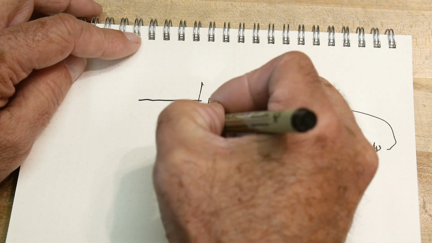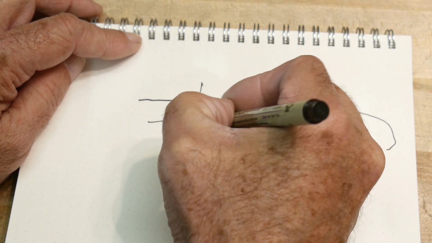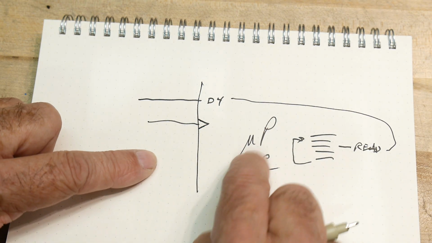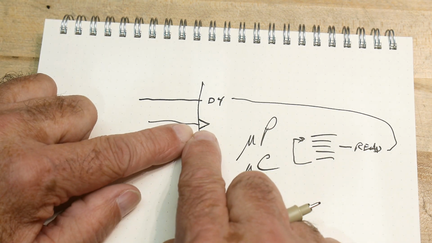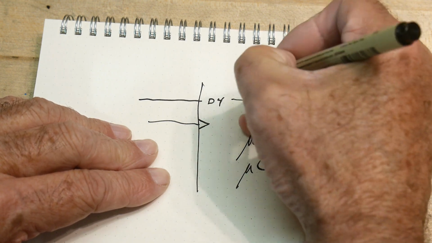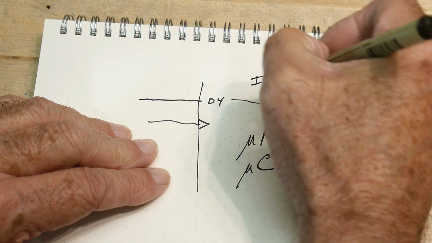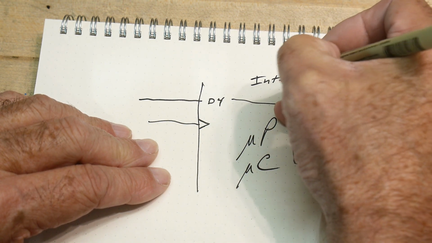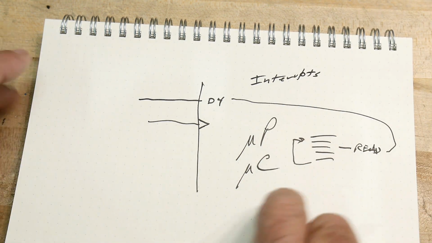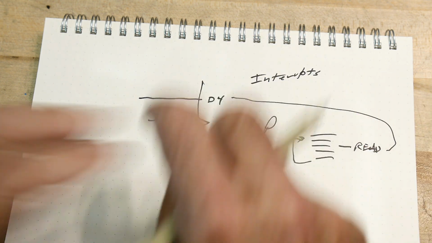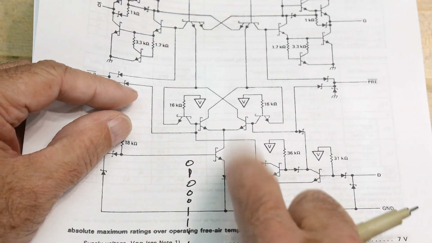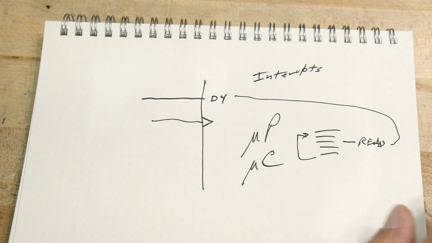So is there a way to have one of these little guys on a microprocessor? On a microprocessor, they don't draw them this way. They call them interrupts. An interrupt has a circuit like this in the microprocessor, and it's looking for edges.